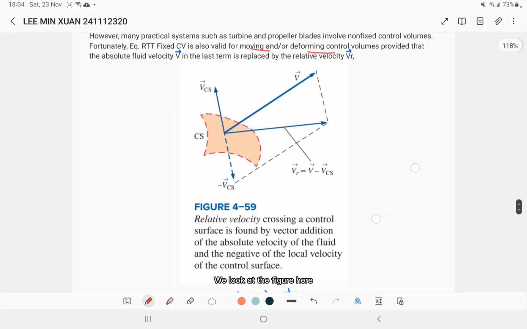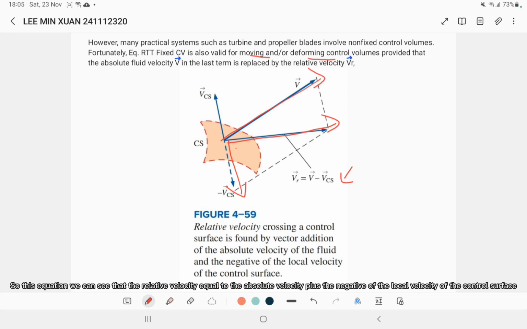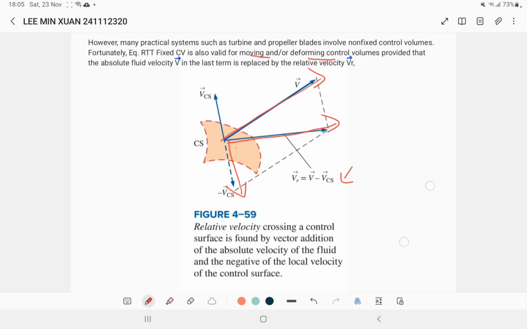We look at the figure here. The relative velocity crossing a control surface is found by a vector addition of the absolute velocity of the fluid and the negative of the local velocity of the control surface. So, in this equation we can see that the relative velocity is equal to the absolute velocity plus the negative of the local velocity of the control surface.